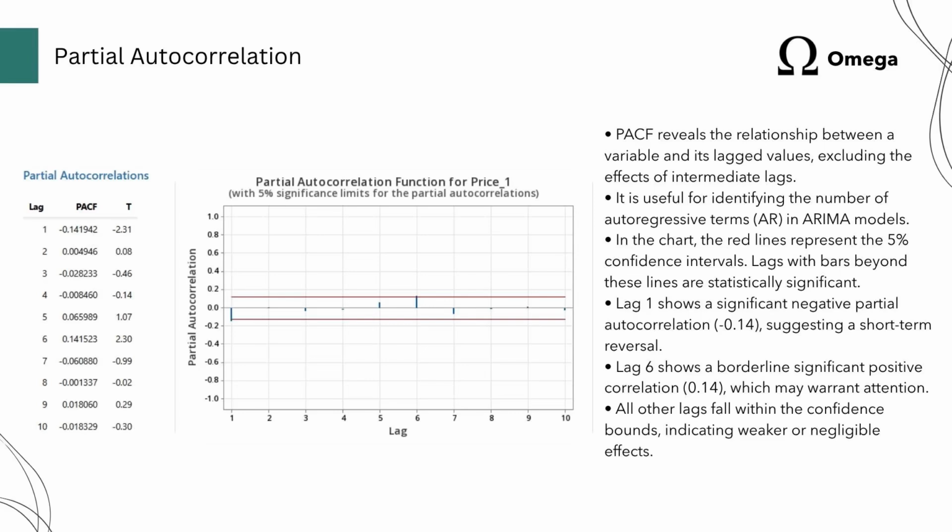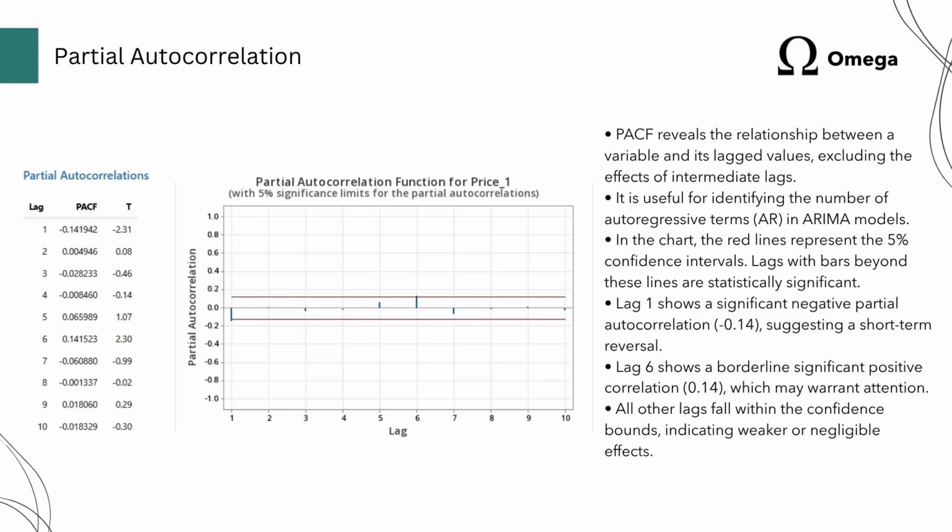For example, the PACF at lag 3 shows how much today is related to 3 days ago, after removing the influence of day 1 and day 2. So why is it useful? It helps find out which past values really matter in predicting the future. It is often used to decide how many past values to use in models like autoregressive models.